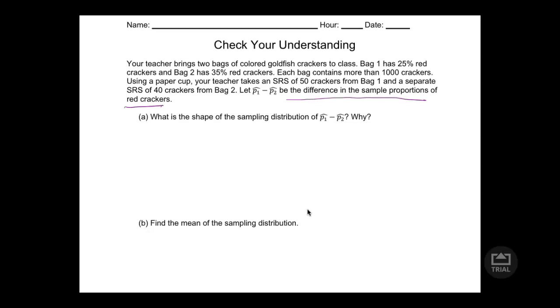So what is the shape of the sampling distribution of p hat 1 minus p hat 2 and why? So we're going to check for the normality. For bag 1, it told us that we had a simple random sample of 50 crackers with P1 equal to 35%. I'm sorry, 25%. So we're going to set that up and check our large counts.